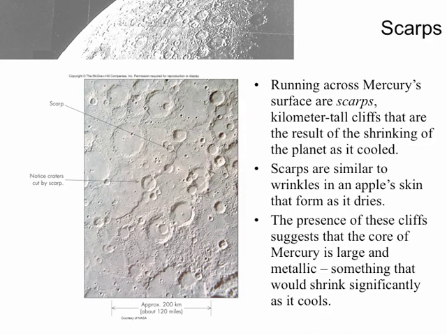There are some other features on Mercury's surface, such as scarps, which are kilometer-tall cliffs. Think of them as wrinkles in an apple's skin as it dries. They are due to the shrinking of the planet as it cooled. As you know, cooler things shrink, warmer things expand.